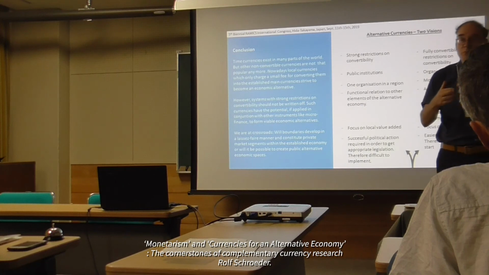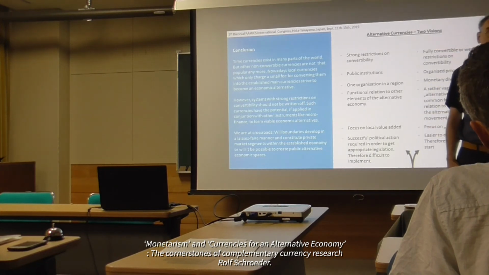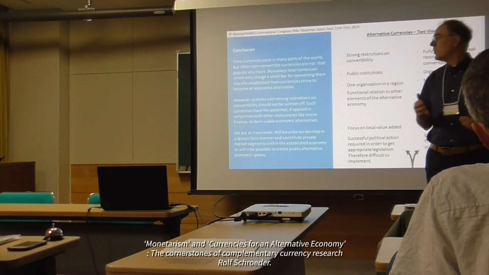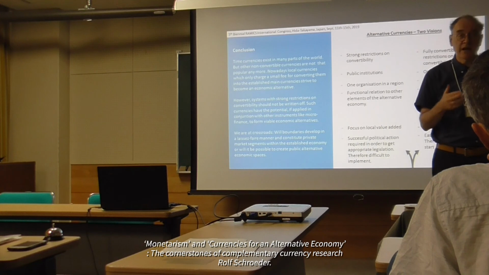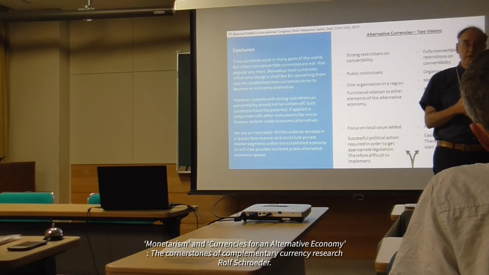They're time systems. There were some conflicts in the movement in Germany and England between these two lines of thinking, but actually it just worked as time systems. In Germany, we have over 200 Tauschrings. They are still the most prominent types of systems.